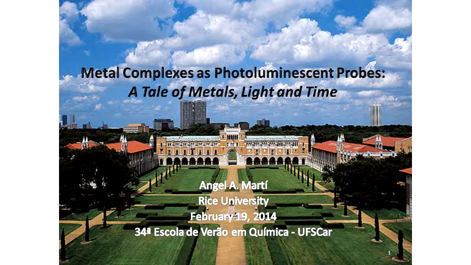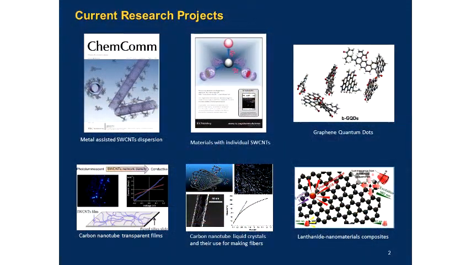We have learned how to disperse carbon nanotubes. Instead of using surfactants in water, we use metal complexes, and then we use those metal complexes to do photoinduced electron transfer reactions for energy conversion. We can also, instead of dispersing nanotubes in water, disperse nanotubes in materials.